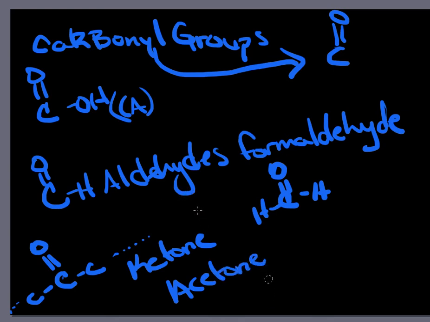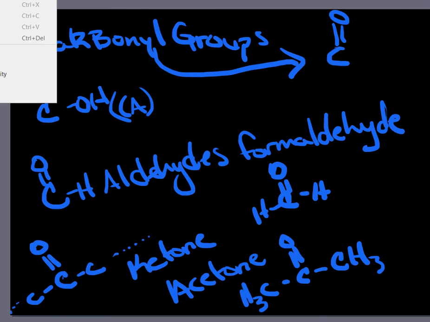Acetone's one of the simplest ketones. You have the C, the carbonyl group, and then you have CH3 over here and a CH3 over on that side. And that's your acetone.